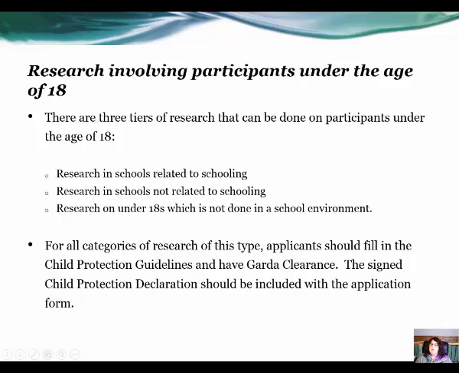Where the subject matter of the research is particularly sensitive or contentious, it may be necessary to get the express permission of parents to conduct the research, even in schools. In these circumstances, an opt-in letter should be sent to parents.